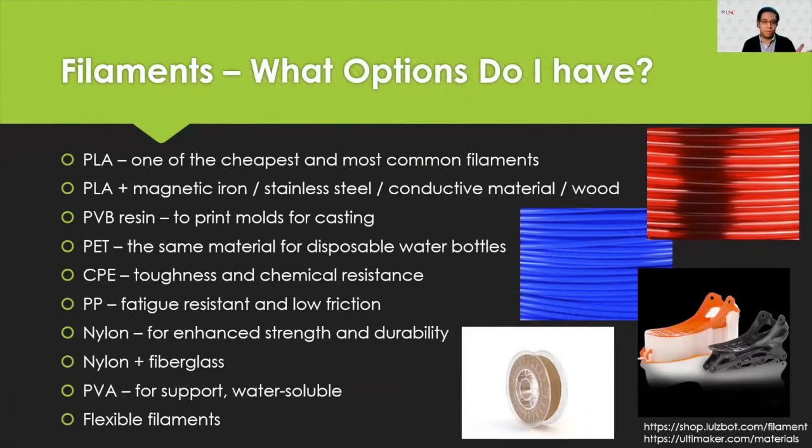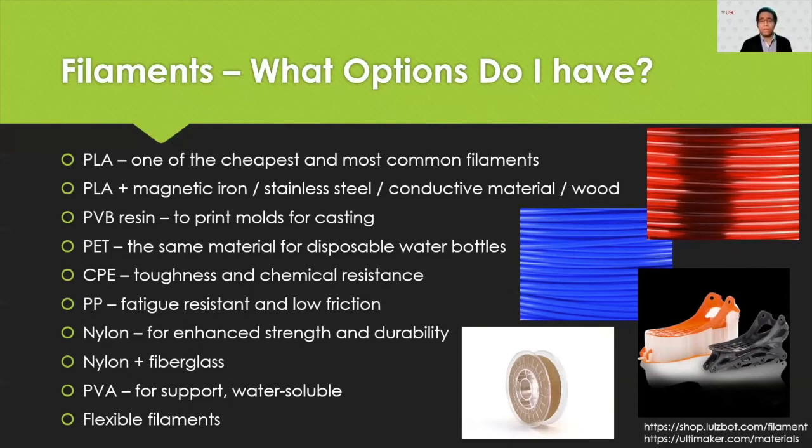Here are some examples of the most common ones that we can find on regular websites. PLA is probably one of the cheapest and most common filaments that we can use, either by itself or with other things like magnetic iron, stainless steel, conductive material, or even wood. We can also have materials that allow us to print molds for casting, or things like CPE for added toughness and chemical resistance.